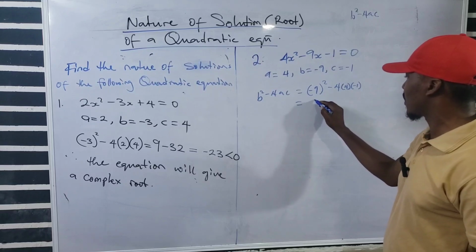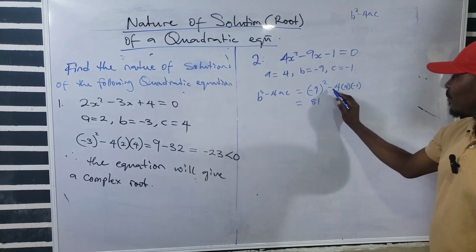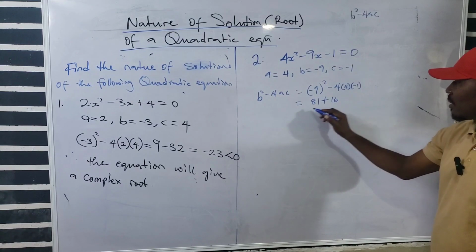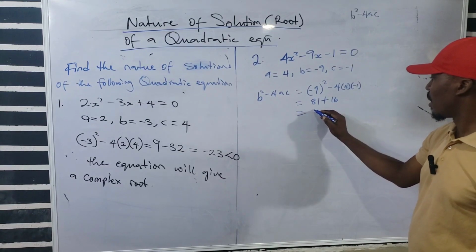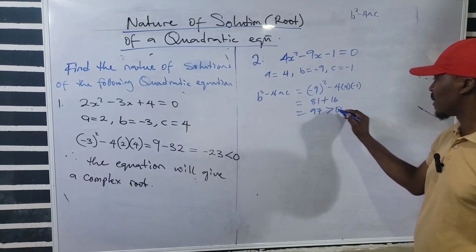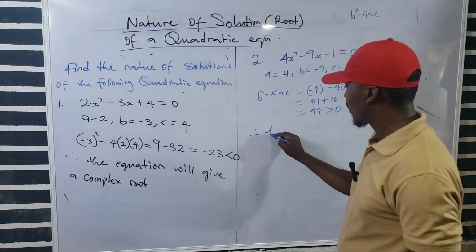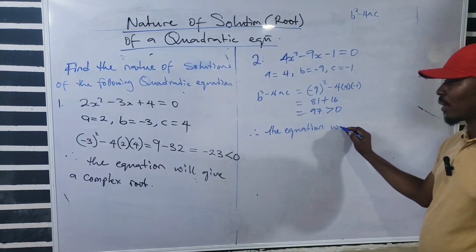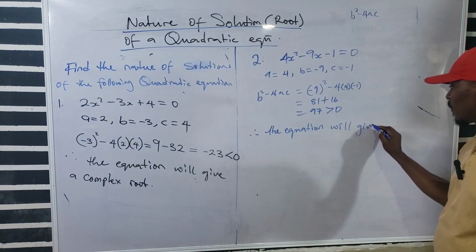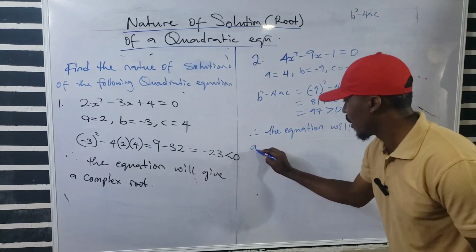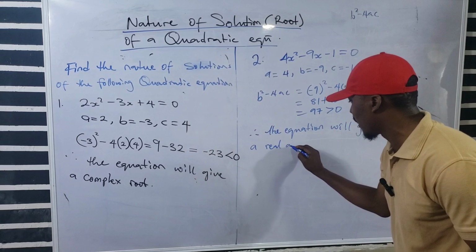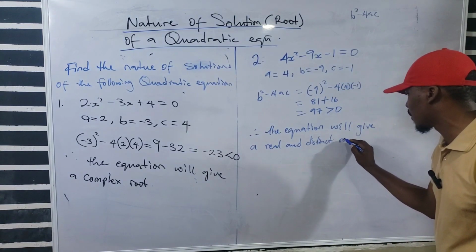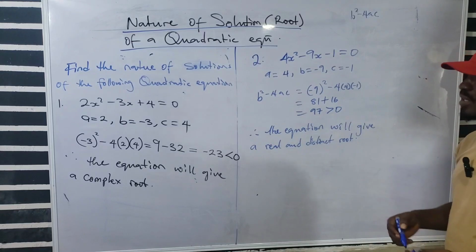That gives us 81 plus 16, which is 97, which is greater than 0. Therefore, the equation will give a real and distinct root. So that's how we play around with that.